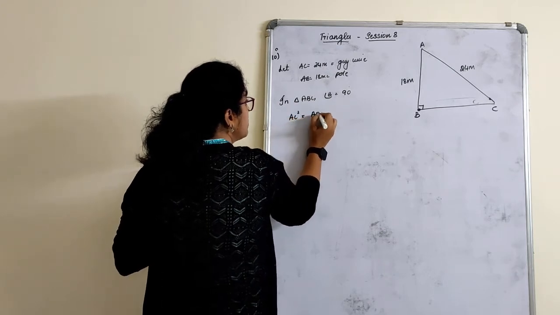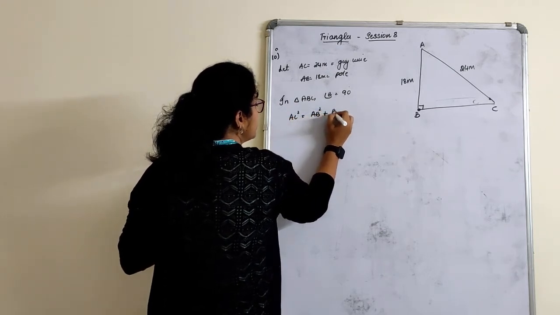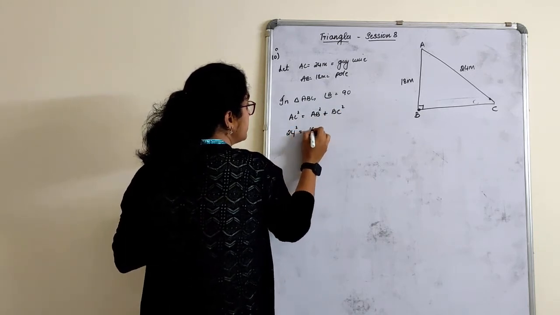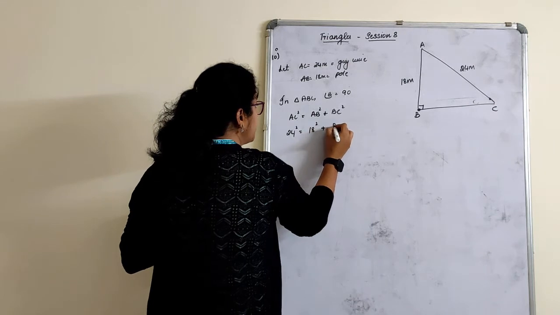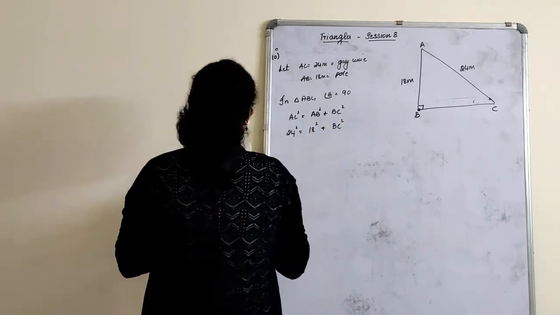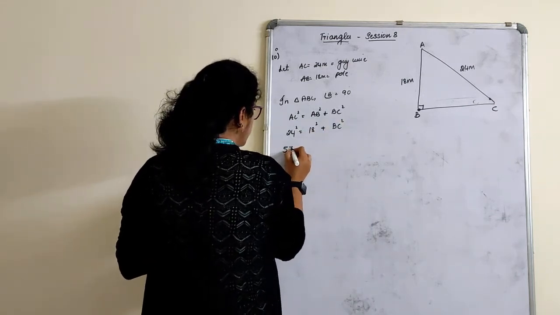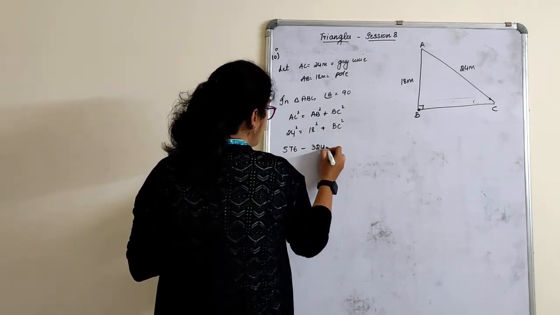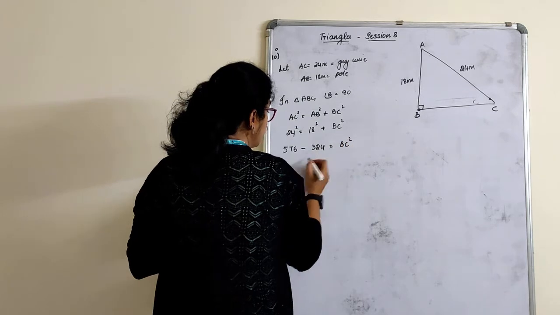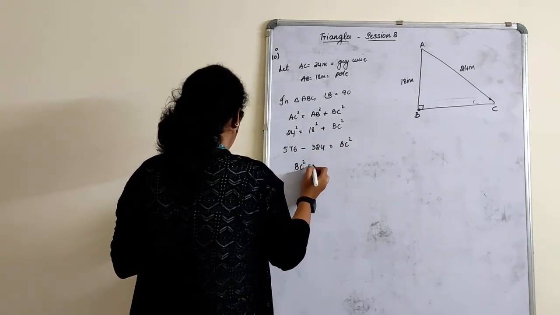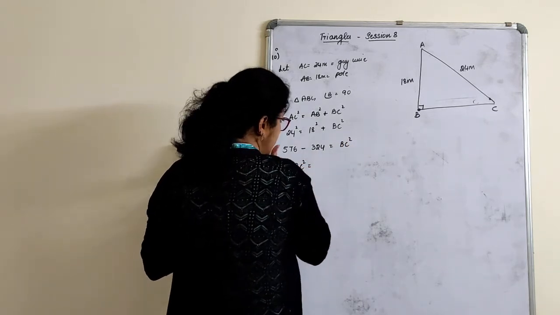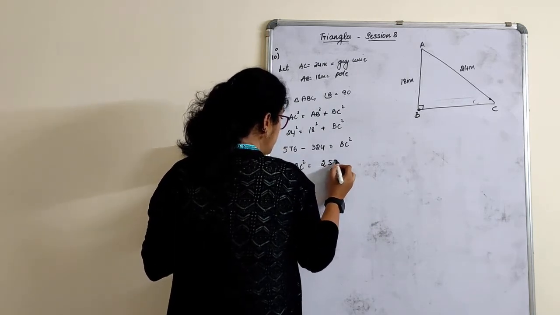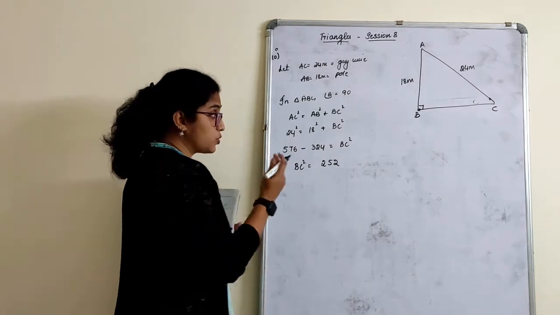AC square is equal to AB square plus BC square. 24 square is equal to 18 square plus BC square. 24 square is 576, 18 square is 324. BC square is 576 minus 324, you get 252, and it is not a perfect square.